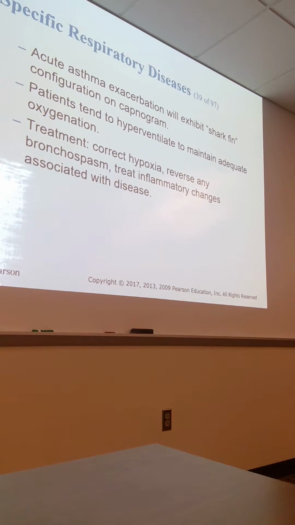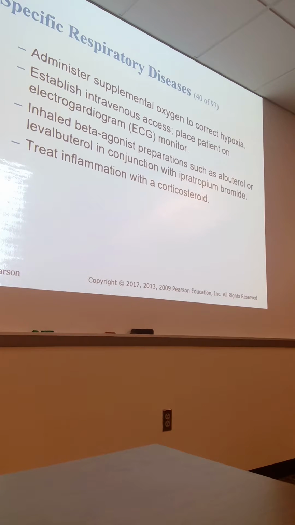All right, shark fin we talked about. Patients tend to hyperventilate, because they're hypoxic, and that's going to make them ventilate faster. So our treatment is to correct the hypoxia, reverse any bronchospasm, and treat inflammatory changes. That's the steroids.